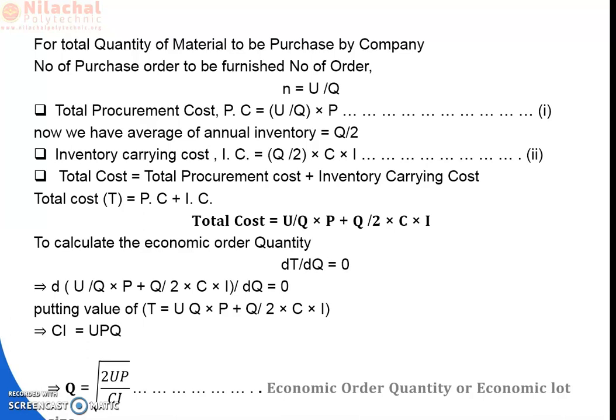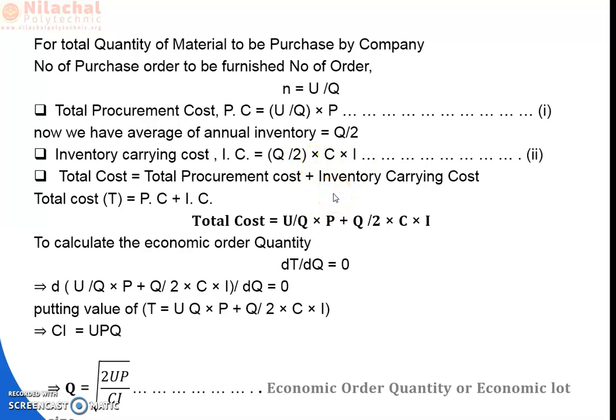So the inventory carrying cost is the average inventory multiplied by the cost per piece and the inventory carrying percentage for deterioration. So the inventory carrying cost IC is equal to Q by 2, the average inventory, times the cost C and the percentage I, so Q by 2 into C into I.